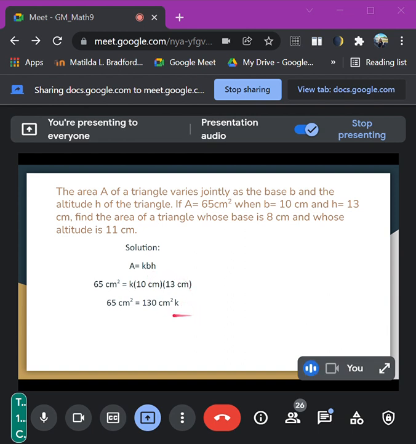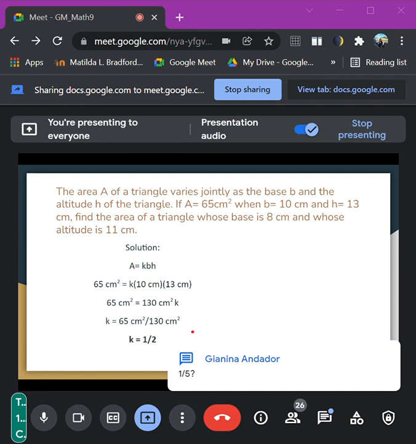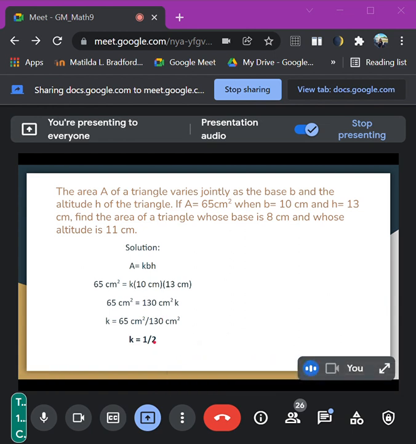And then you divide both sides by 130 cm squared. So, 65 cm squared over 130 cm squared is 1/2, because 65 divided by 65 is 1 and 130 divided by 65 is 2.